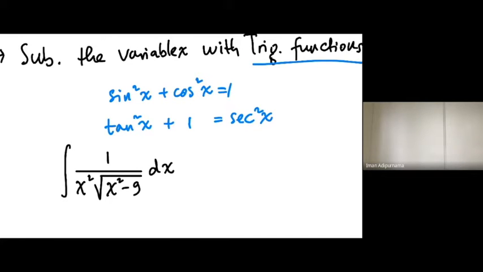But it's not only secant, we have constant 9. So we need to substitute with 3 secant. So when we square, it becomes 9 secant squared. Okay, so let me write these substitutions.